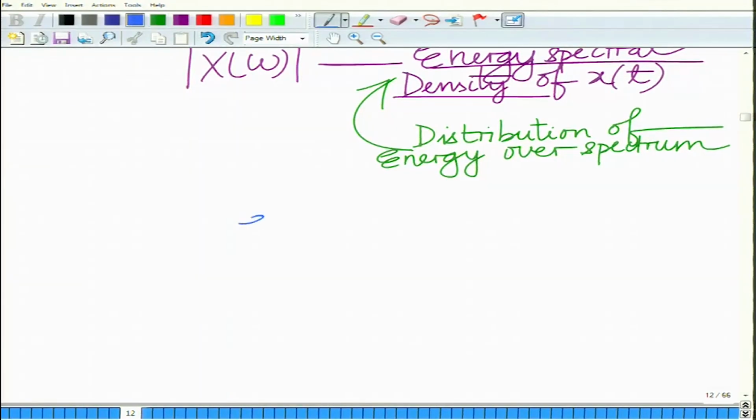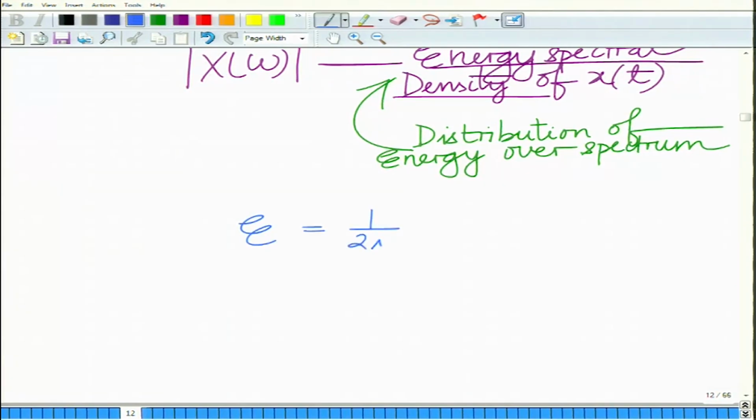And in fact, integrating this energy spectral density over the entire frequency band therefore naturally gives the energy of the signal, similar to when you integrate the density multiplied by a volume, that gives the mass of the object. Taking this energy spectral density, multiplying it by an infinitesimally small spectral band and integrating over the entire spectrum gives the energy of the signal. And of course, there is a scaling factor of 2 pi.